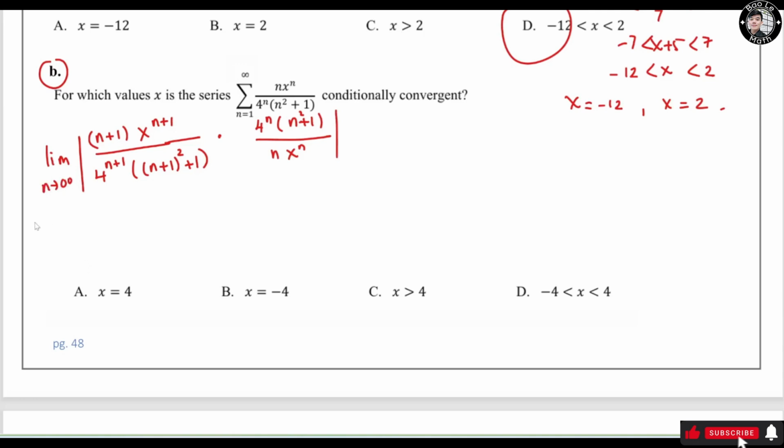Now we're going to simplify this one, so it could be the limit of the absolute value of n plus 1 over n, and here we just rewrite. S to the n plus 1 and s to the n leaves s on the top. Now 4 to the n plus 1 and 4 to the n leaves 4 on the bottom.